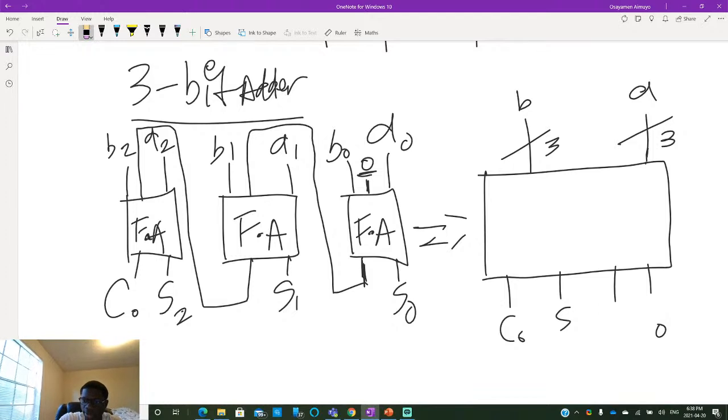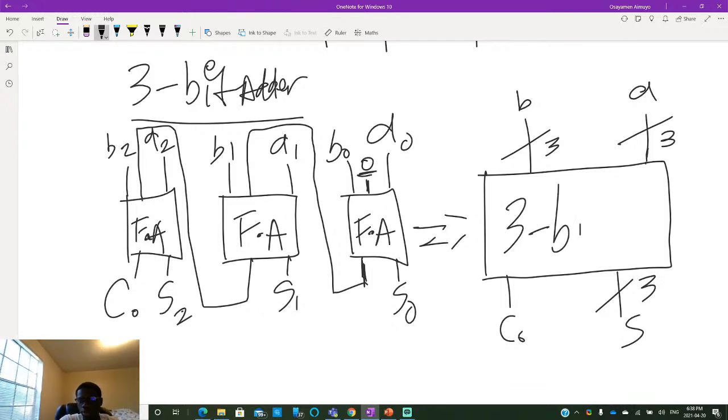So you can take these out. Just the power of abstraction, I guess. So 3 and sum. And this is your 3-bit adder.